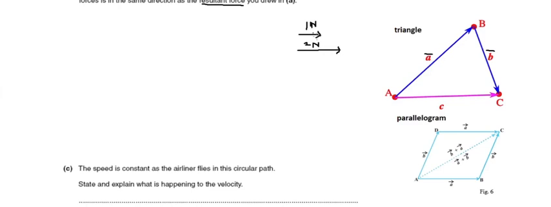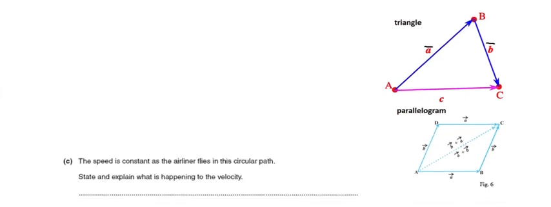So this line shows the magnitude of the vector. If this is a 1 Newton force drawn as a 1.5 centimeter line, then a 2 Newton force should be a 3 centimeter line. So the line shows the magnitude of the vector, and the arrow shows the direction of the vector.